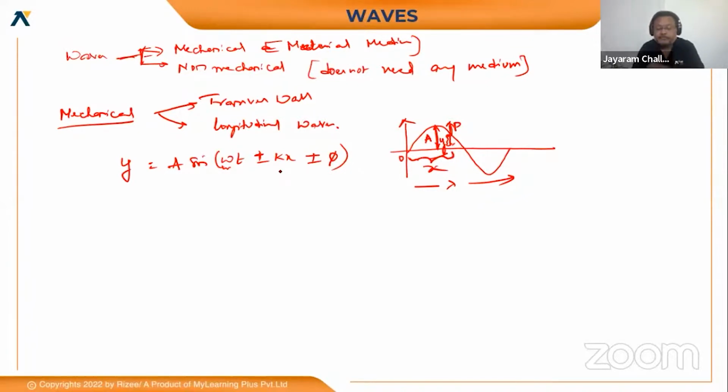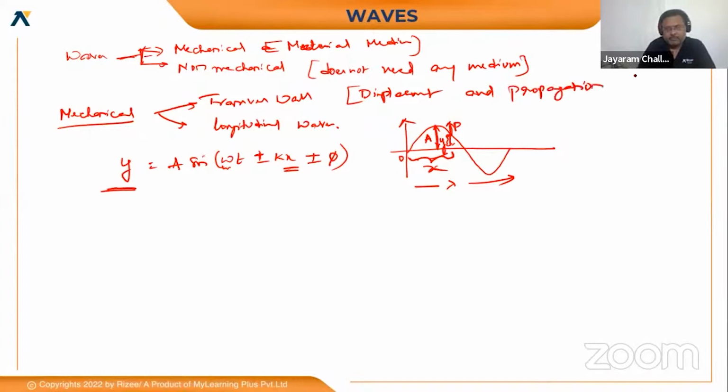Okay now, the equations apply to all of them. This equation is a transverse wave equation. Why? Displacement and propagation are perpendicular to each other. That is, displacement and propagation are perpendicular.